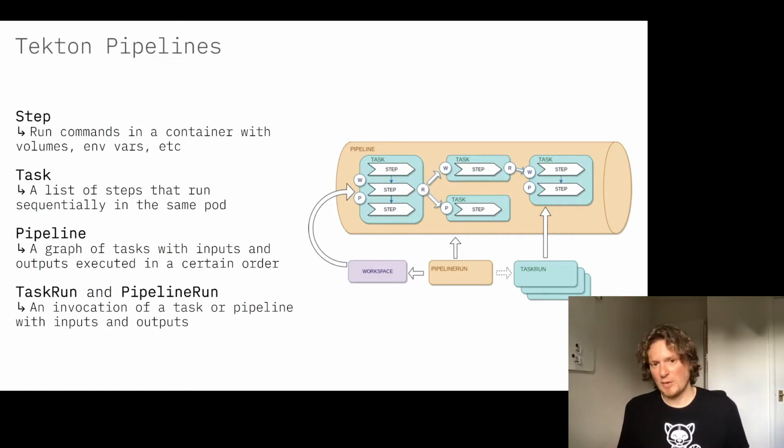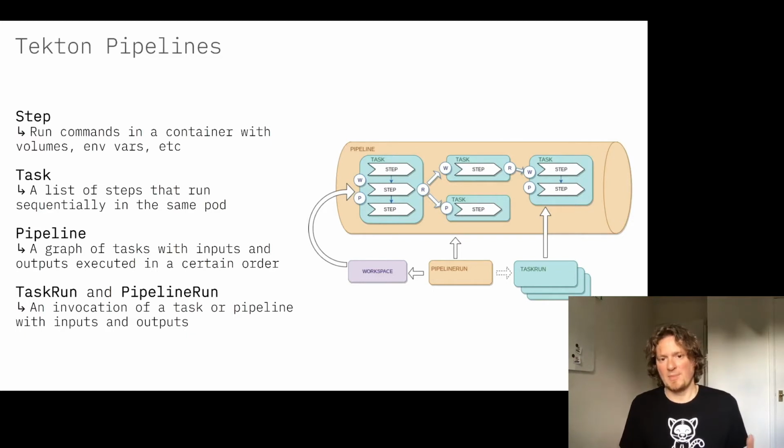A task is a sequence of steps executed within the same pod, so they're running on the same node. And finally, a pipeline is a set of tasks that could be executed in sequence or in parallel, or a combination. So it's a graph in general.